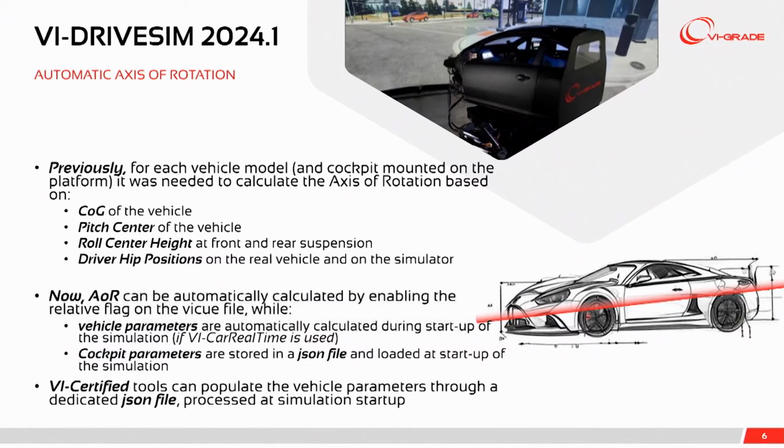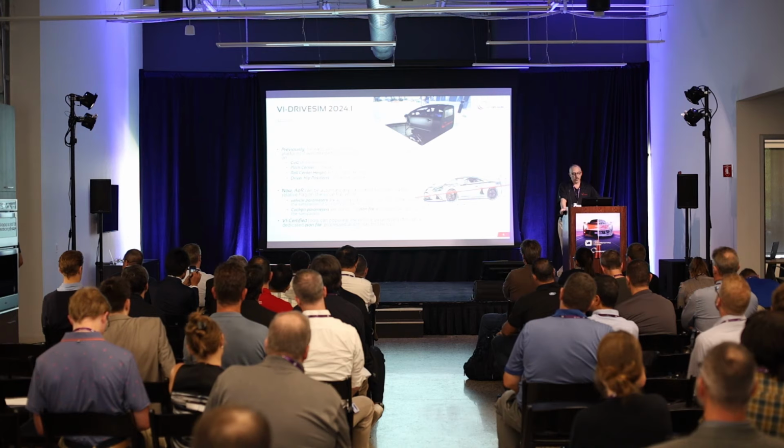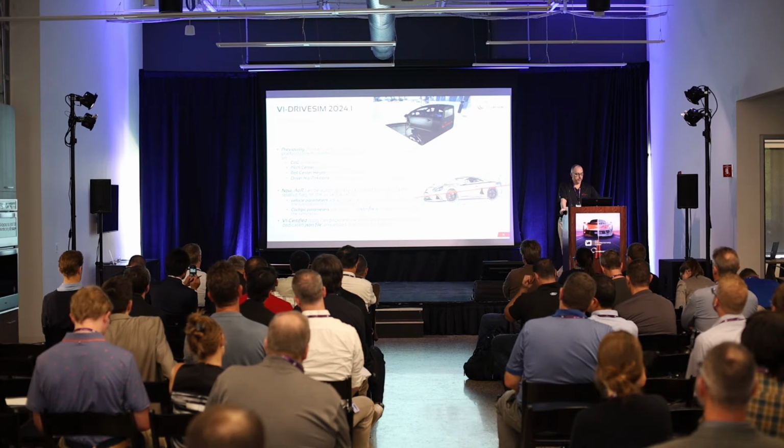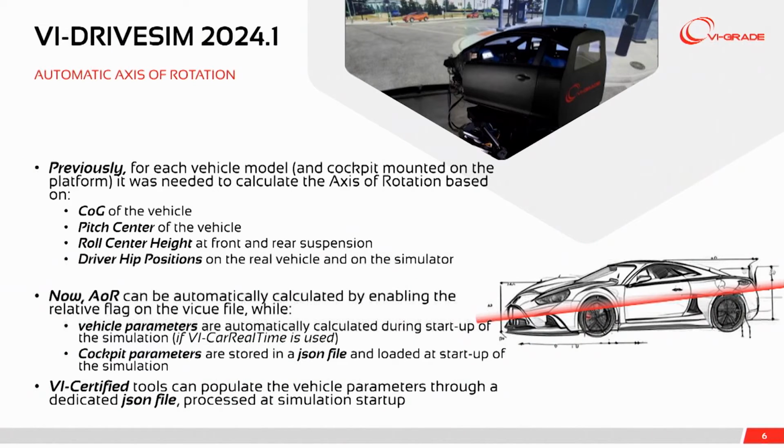But in this new release, those parameters get pulled directly out of the vehicle model that you're running. And then there's also a simplified cockpit set of parameters fed through a JSON file to get this analysis set up.